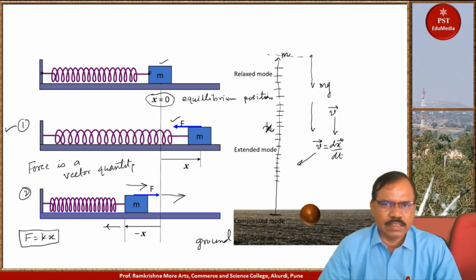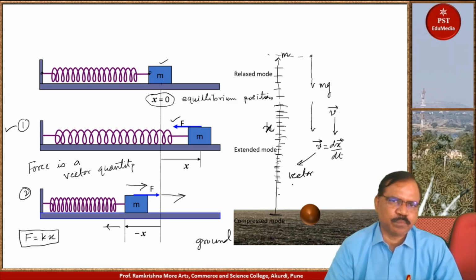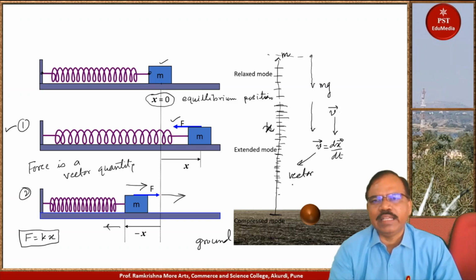This velocity is a vector quantity and it has a value at different places, and that is called magnitude. So velocity is expressed in terms of magnitude as well as direction. So these are some vector quantities.